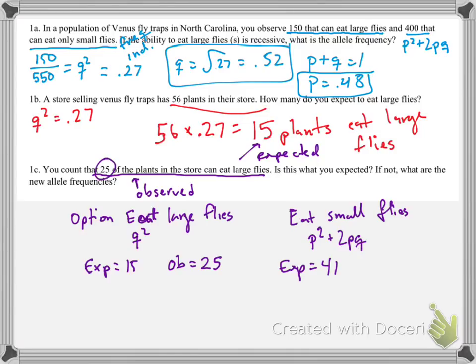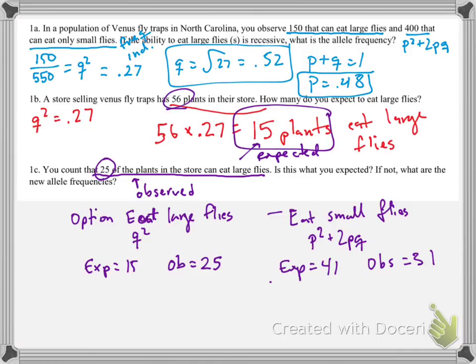I said, well, if 15 of 56 are eating large flies, then the remaining 41 must be eating small flies. Okay, excuse me, let me refresh. So eating small flies, how do I get my expected? My expected is being compared to the 15 right here.